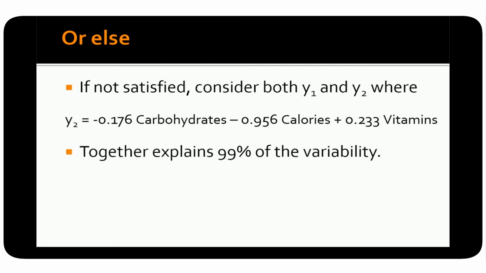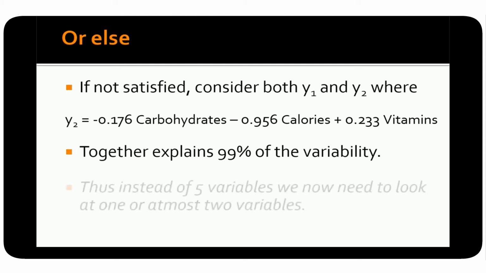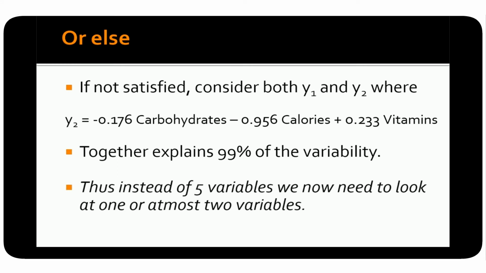We need not go further, because almost the whole of the variability has now been explained, and instead of x1, x2, x3, x4, x5, we can work with only 2 variables y1 and y2 without losing too much information. And these are the 2 formulas which give us y1, y2 from the x's.